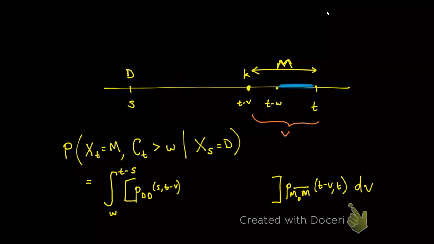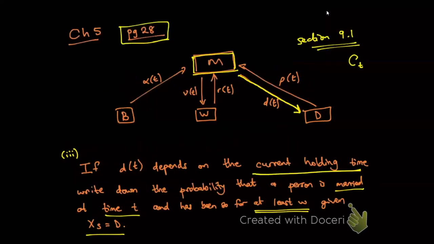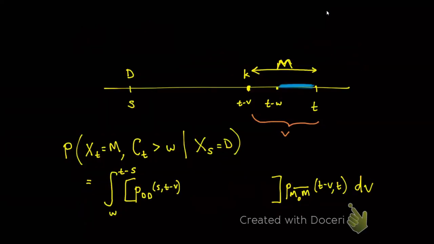That transition in the diagram is rho, which is the force of transition from divorced to married at time T minus V. And then the other possibility that goes in here is the probability that we went from divorced to widowed from time S to time T minus V.